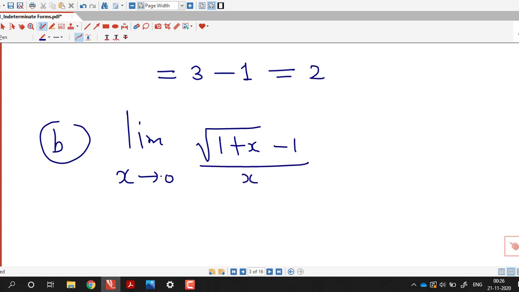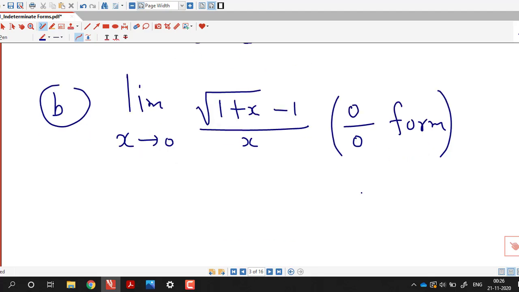So here also if you substitute x equal to 0, you will have square root of 1 plus 0, that is square root of 1, which is 1, minus 1. So you can see this is also an indeterminate form of the type 0 by 0.